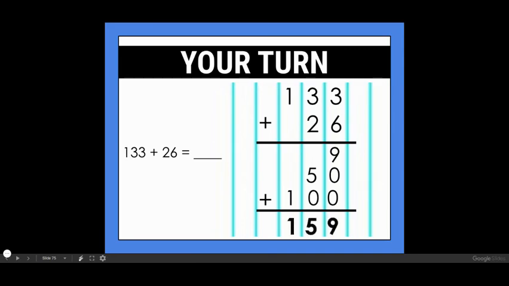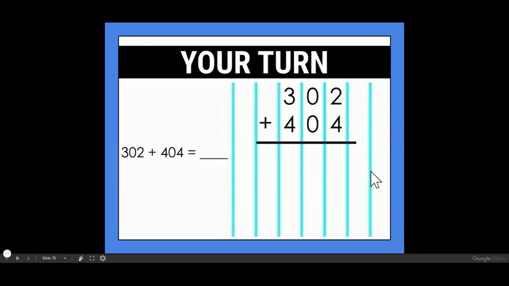Your sum should be 159. All right, one more that I'm going to help you even less on. This time you're going to add 302 plus 404. Write your problem down, line up all the place values, and go ahead and get started. If you need to, pause the video and then restart the video when you're ready to check your answer.